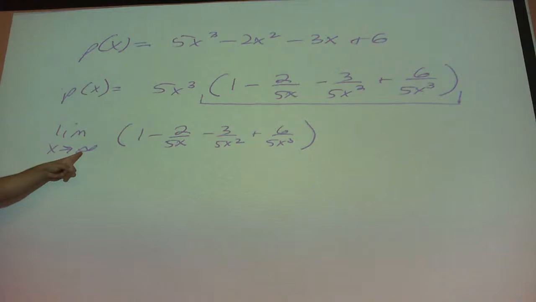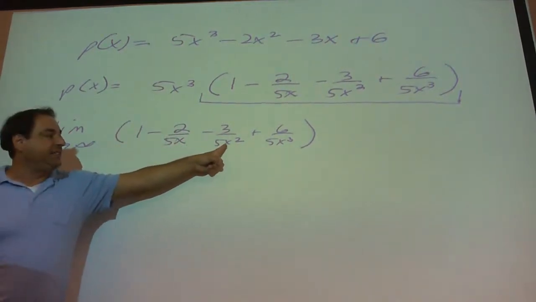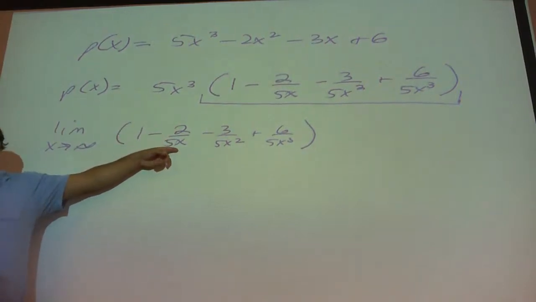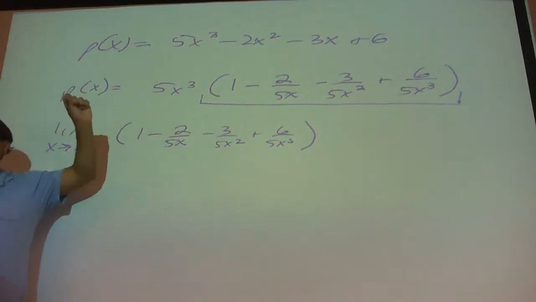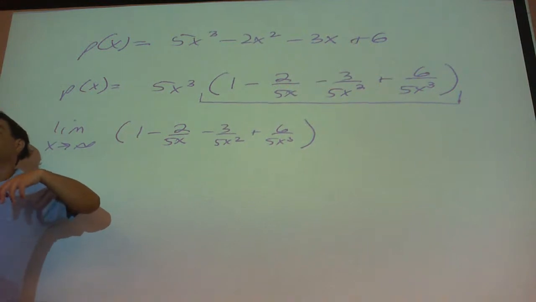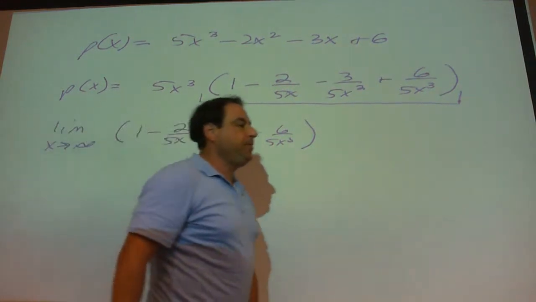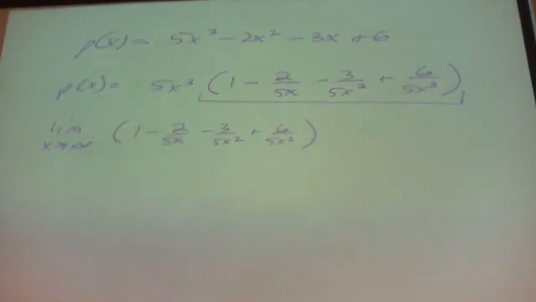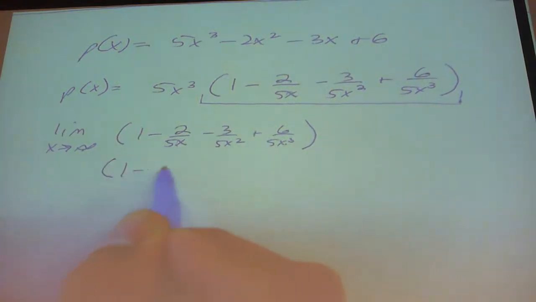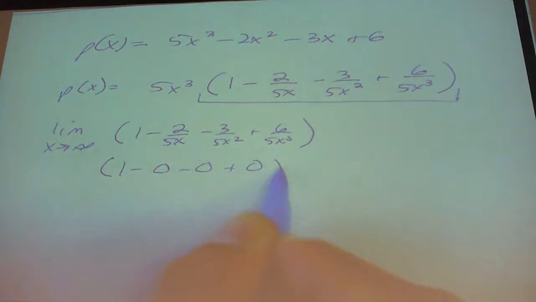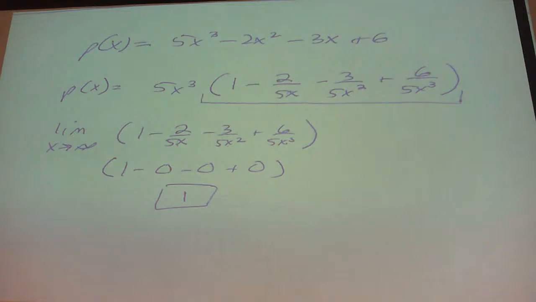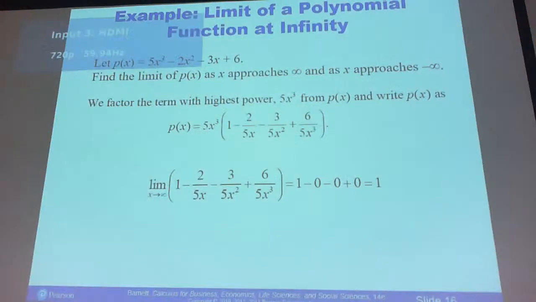If I plug in infinity for all these x's, what that previous slide was telling us is that a number over infinity is essentially 0. Any number over a really large number, 1 over a million, 1 over a billion, 1 over a trillion, is essentially 0. So all of these are going to become what? 0. So all of this just ends up with 1. That's what the previous slide was trying to tell you.